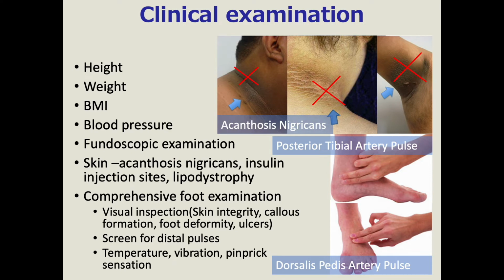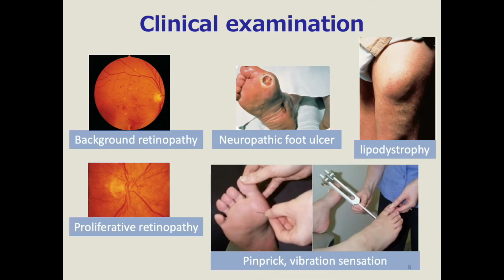Insulin injection sites and lipodystrophy can be noted, and a comprehensive foot examination with visual inspection for skin integrity, callus formation, any foot deformities and ulcers, and screen for distal ulcers, and also sensations like temperature, vibration, and pinprick sensations will be needed.